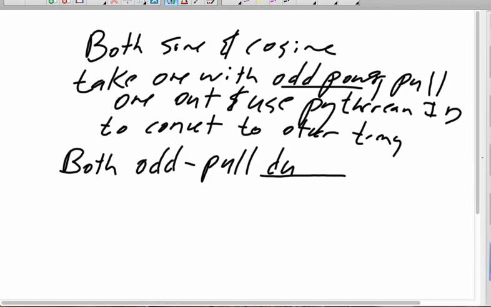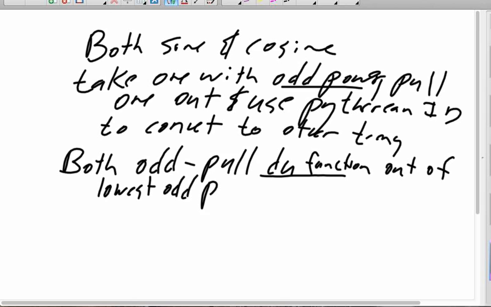Remember, that's what we're interested in. Pull your du function out of the lowest odd power. And then use the Pythagorean identity on the rest of them.